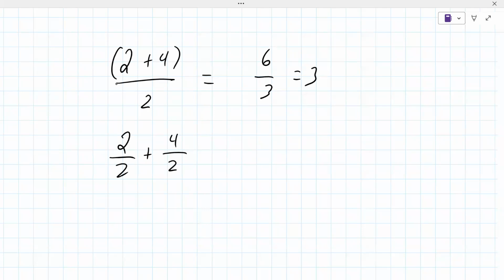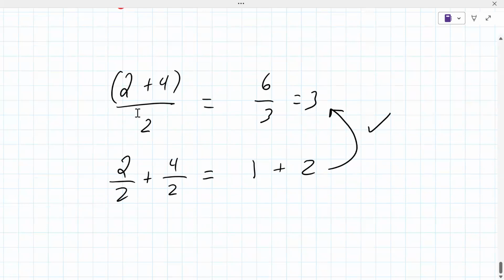Now, what is 2 divided by 2? 1. And then 4 divided by 2? 2. Does that work? Yeah. So with division, you have to give it to both.